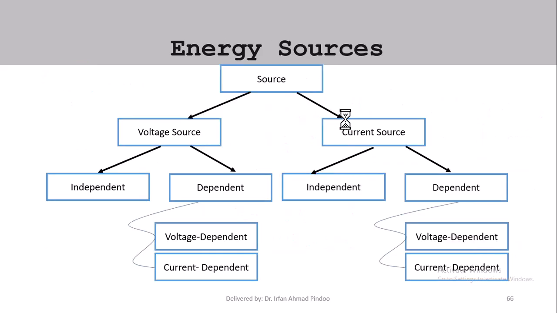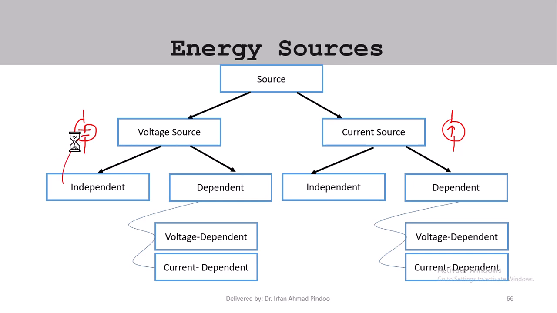Now coming to the next topic, we have energy sources. A source can be a voltage source or a current source, which is represented by this symbol. A voltage source can be dependent or independent.